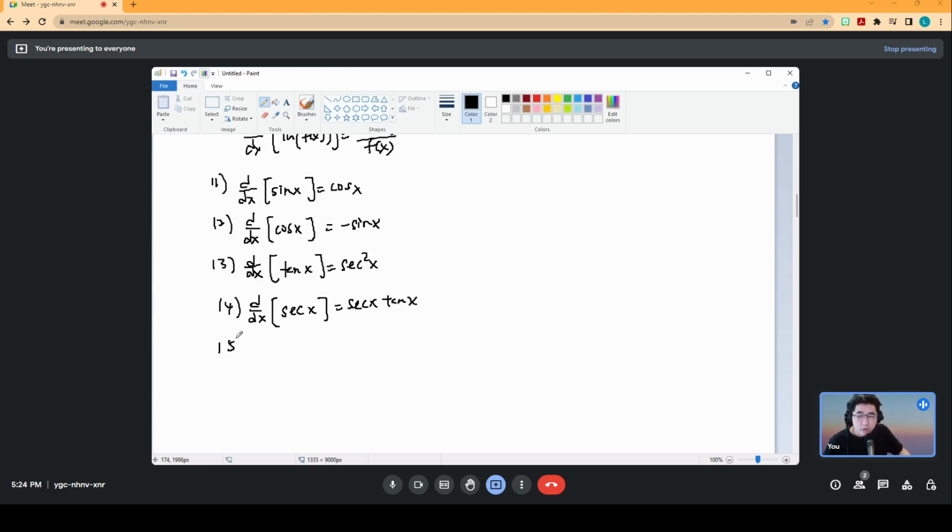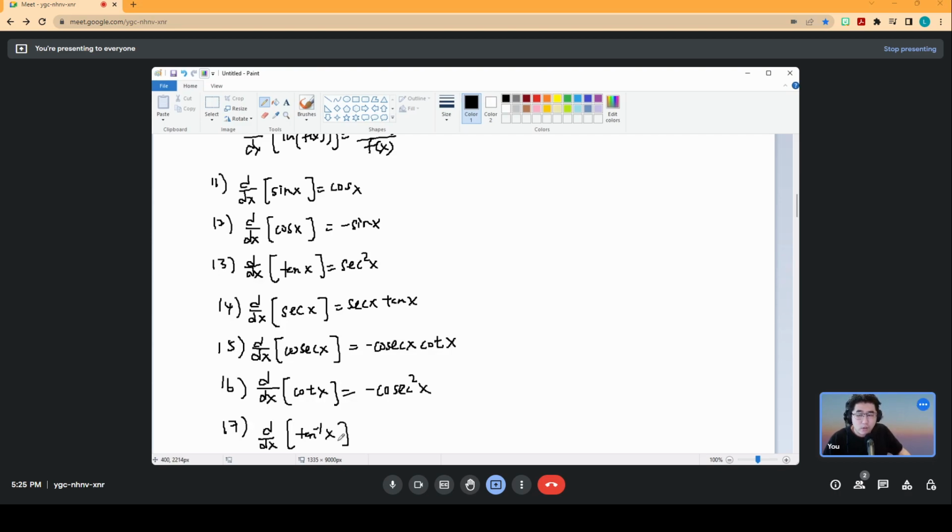Number 15, d dx of cosecant x goes to negative cosecant x cotangent x. Number 16, d dx of cotangent x goes to negative cosecant squared x. And 17, d dx of arctangent x equals 1 over 1 plus x squared.